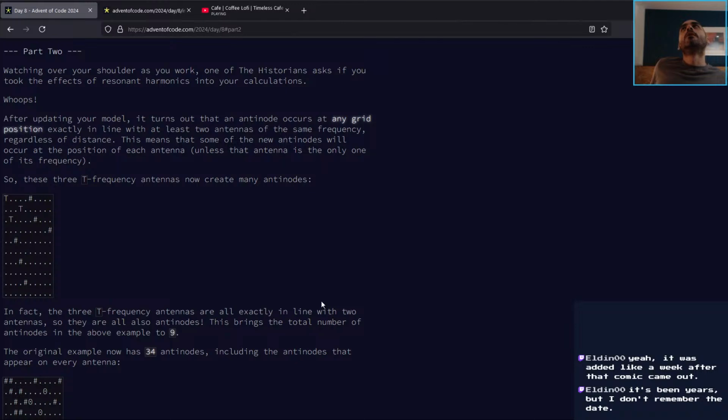Alright, now we're getting into some light number theory, I suppose. This means that some of the new antinodes will occur at the position of each antenna, unless that antenna is the only one of its frequency. So these 3 T frequency antennas now create many antinodes.